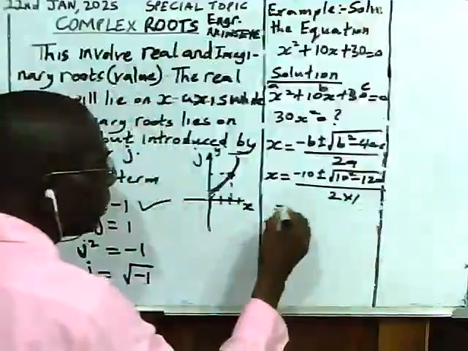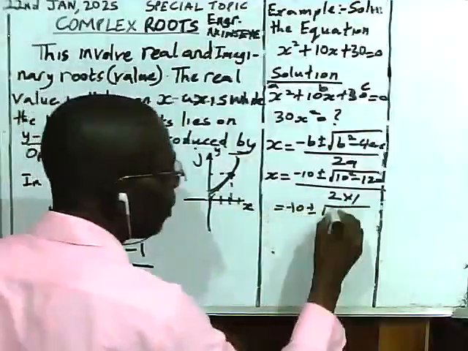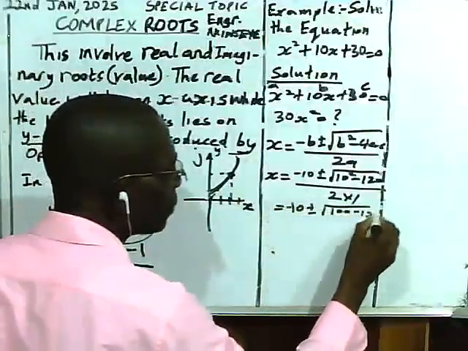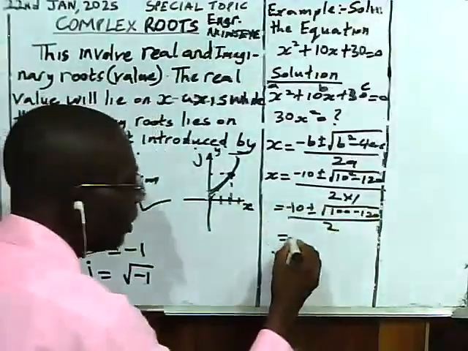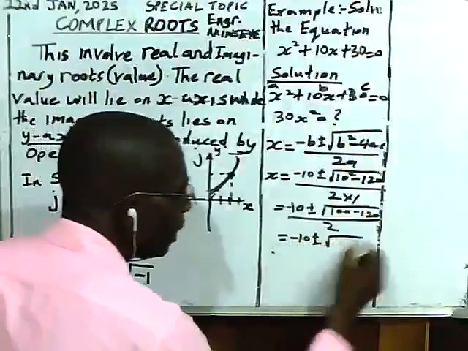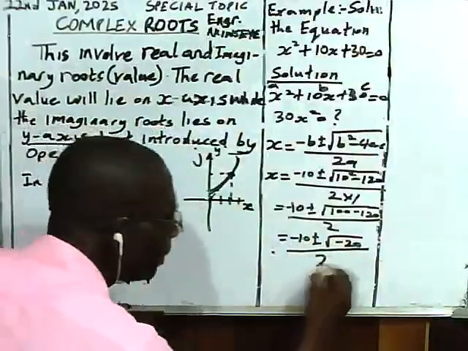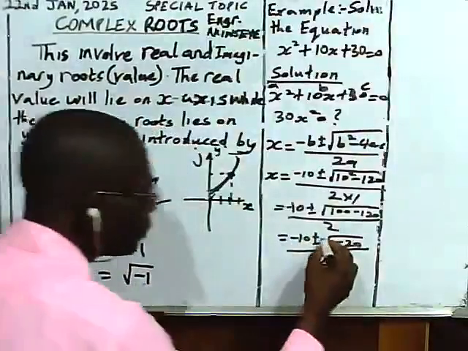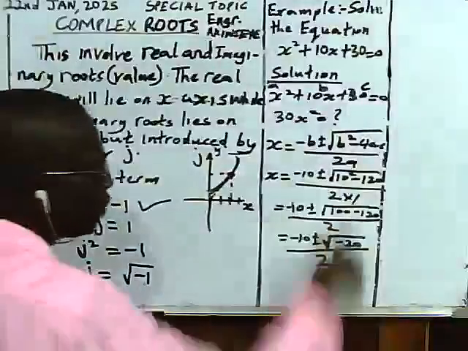So this will give us minus 10 plus or minus root 100 minus 120, all over 2. That implies minus 10 plus or minus root minus 20, all over 2. Now we have a negative inside the root. Sometimes we say it's not possible to solve, but on complex root we can go further.